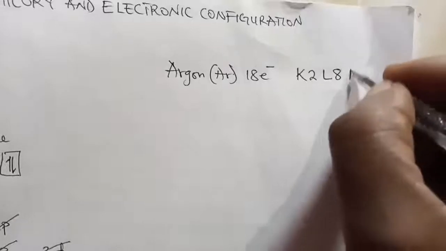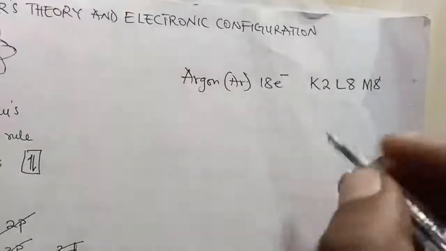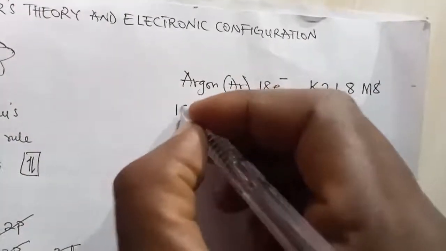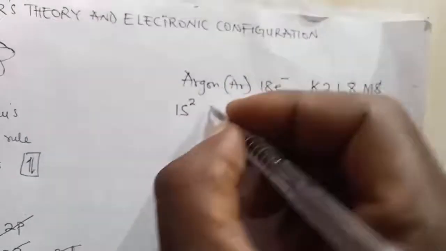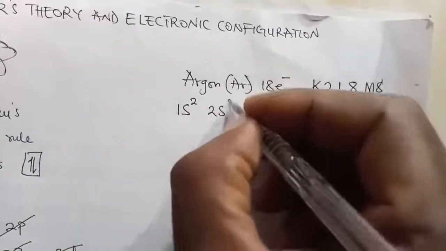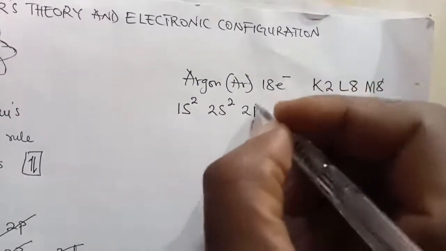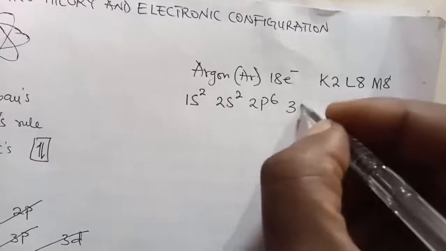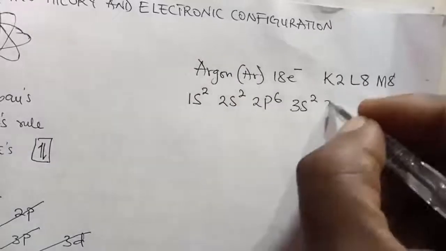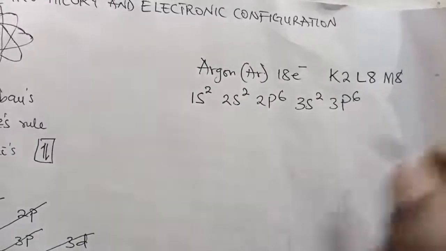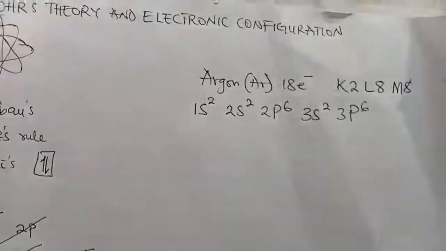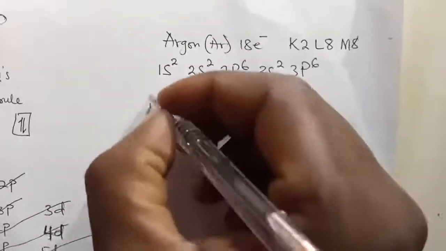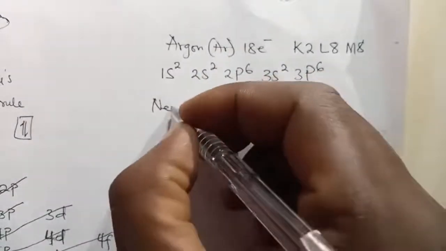Then M shell takes 8. So if we want to write it out electronically, 1s2, 2s2, 2p6. Now remember, 10 is gone, remaining 8. Then we go to 3s2 and then 3p6. So it's complete.